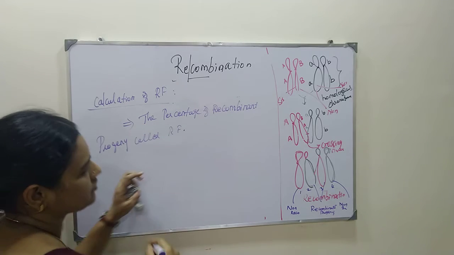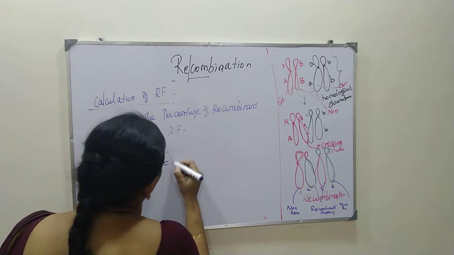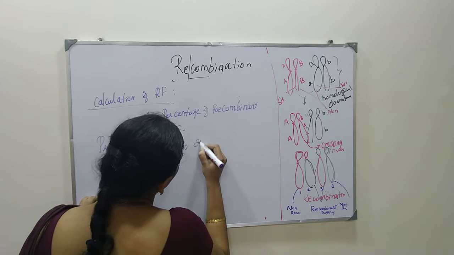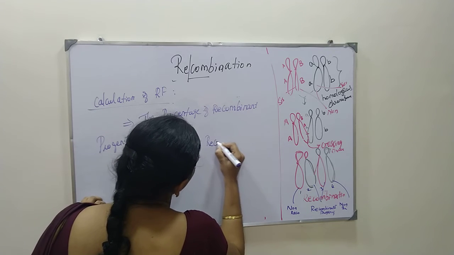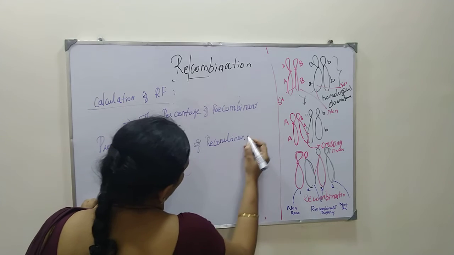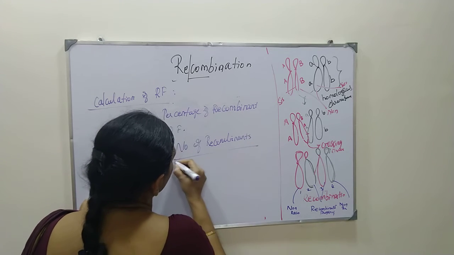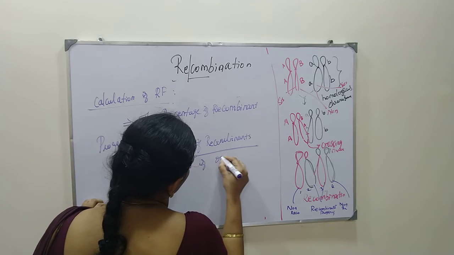This is the definition, and recombination frequency is calculated as the number of recombinants, that is, how many recombined chromosomes are produced, divided by the number of offspring.